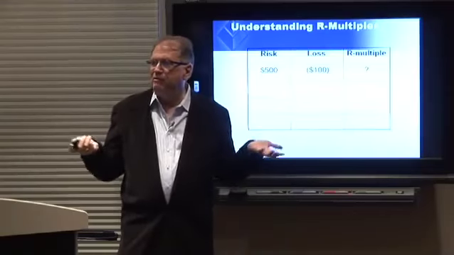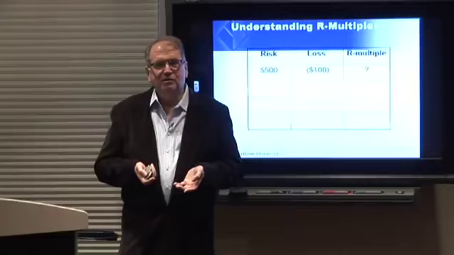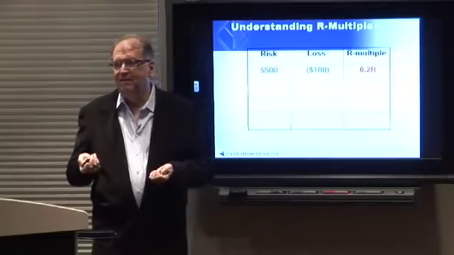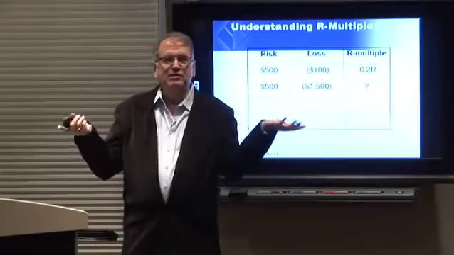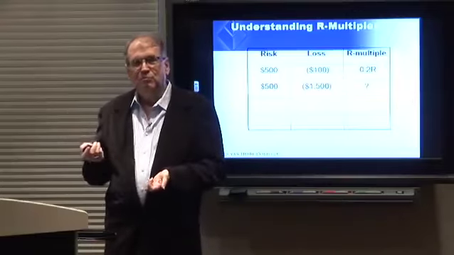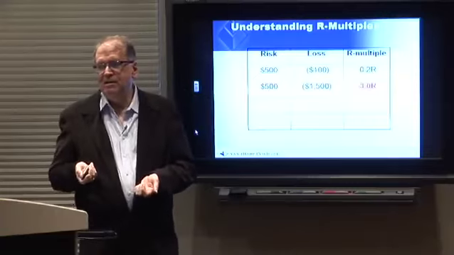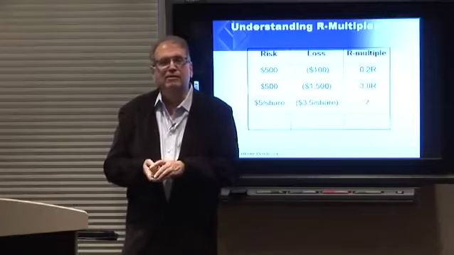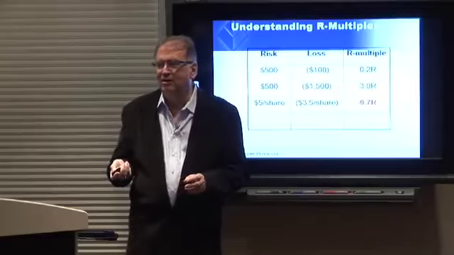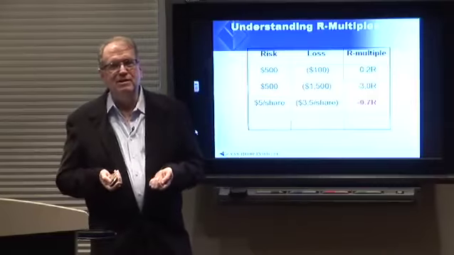So again, $500 risk, $100 loss, 0.2R. $500 risk, $1,500 loss, we did this one before, so you should have it. Minus 3R. $500 or $5 a share risk, you lose $3.50 a share. Right, 0.7R.